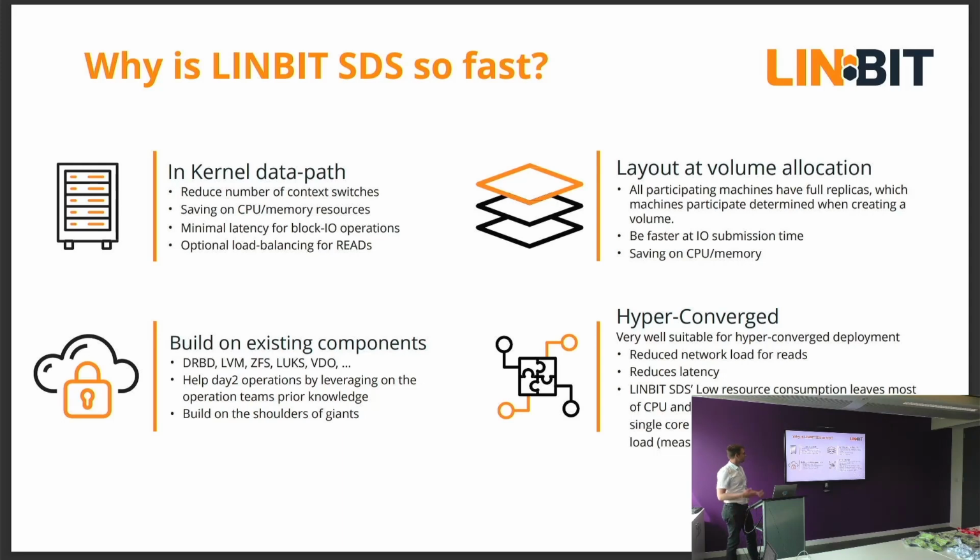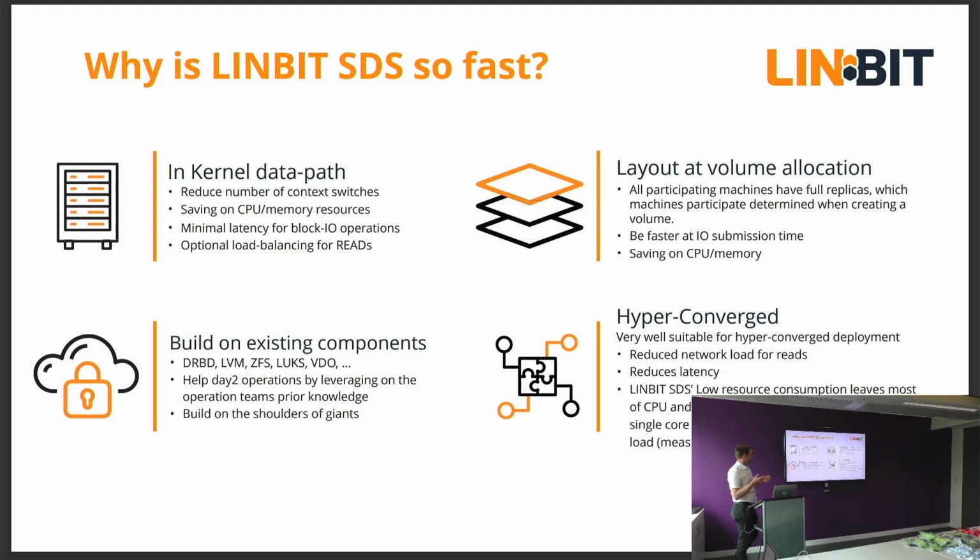Why is it fast? The block replication is in the Linux kernel, so there are not many context switches, and it's very light on CPU and memory. Usually you can have it as a hyperconverged setup, and there's also a diskless mode, so reads and writes go over the network then. If it's hyperconverged, you have the reads from the local disk, and the writes are spread out to however many replicas you defined for your storage.